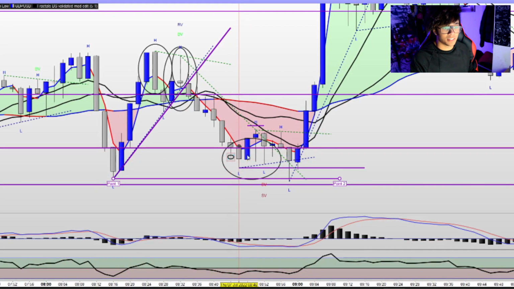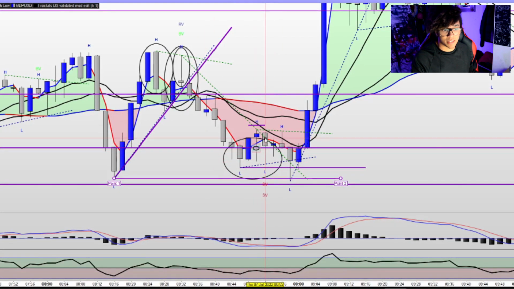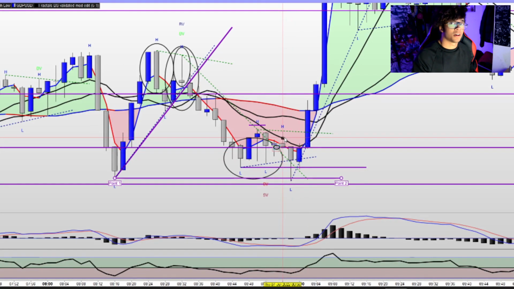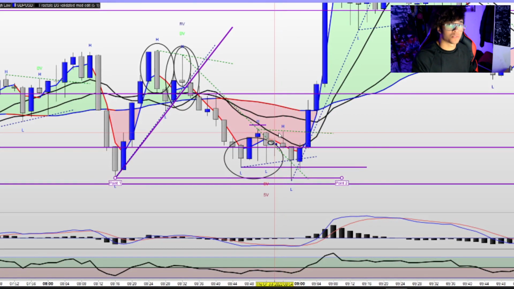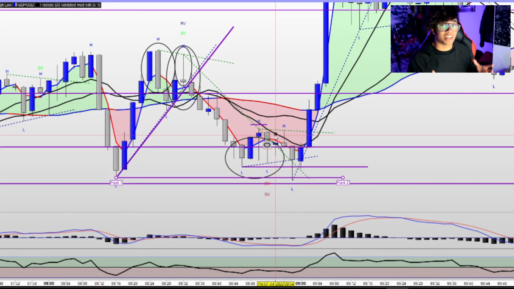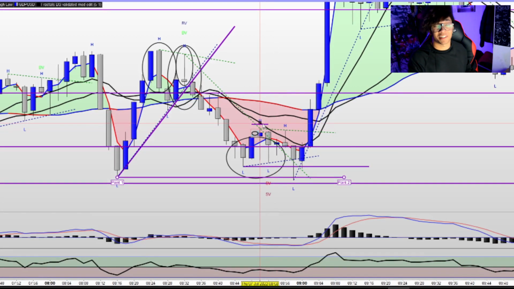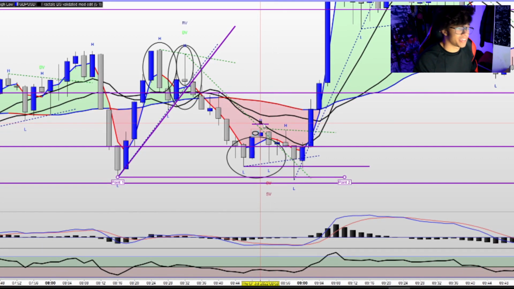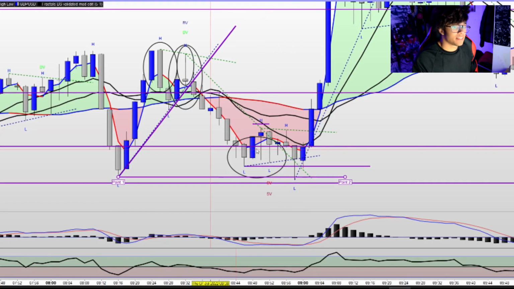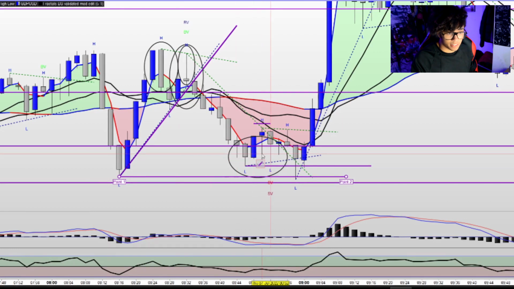So already this should be indicating, right next to that resistance, a warning sign for a reversal or some sort of change in direction. It doesn't necessarily indicate a reversal, but it indicates some kind of change.